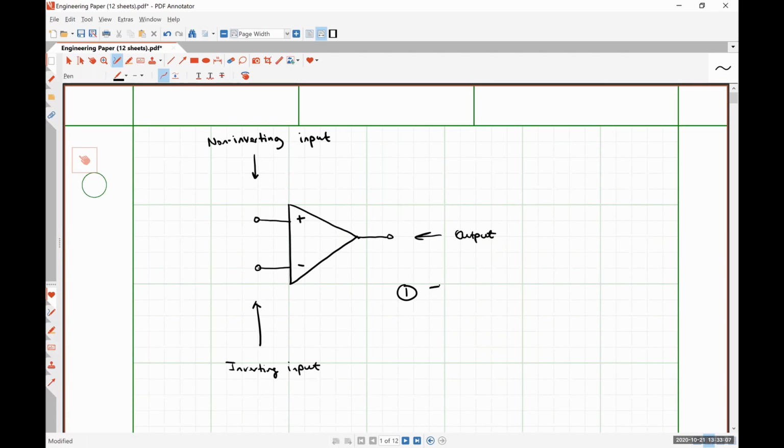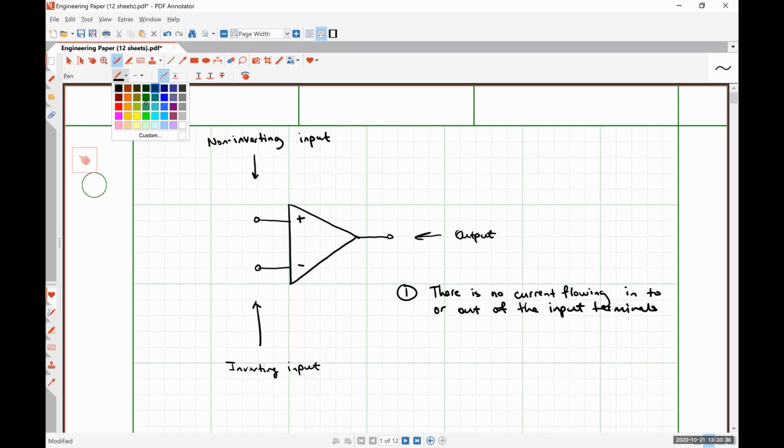The first says that there is no current flowing into or out of the input terminals, which means by definition, this current must be 0 amps and this current must be 0 amps.